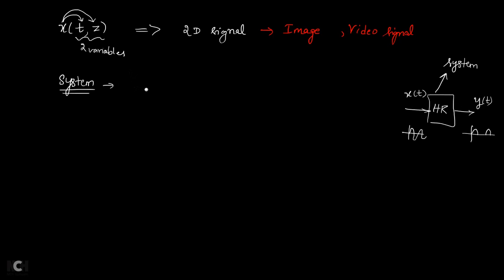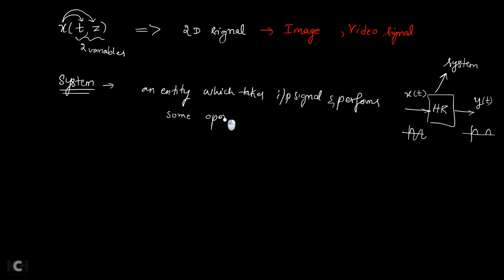A system is defined as an entity which accepts or takes the input signal, performs some function or operation on the input signal, and produces the output signal.